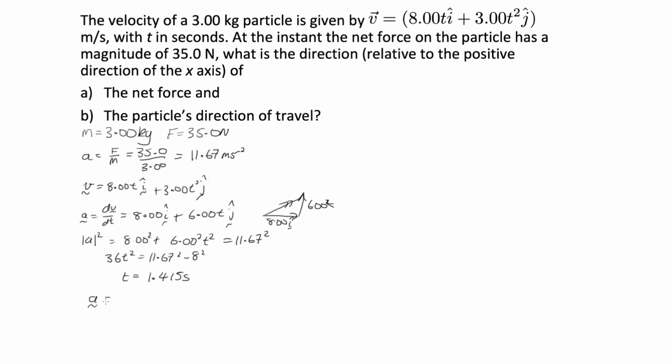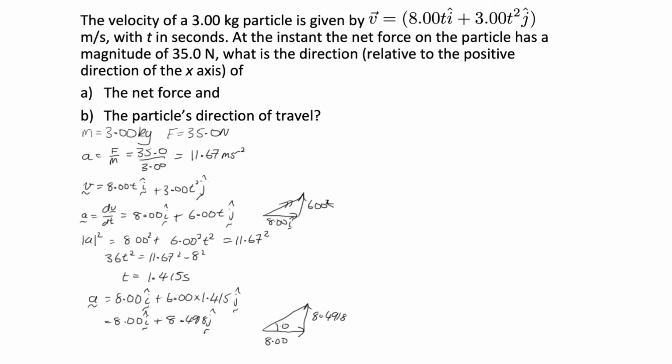Okay, so now we have t, and we can substitute it back into here. So now we've got a is equal to 8.00 i plus 6.00 times 1.415 j, which is equal to 8 i plus 8.4918 j. So now we can work out that angle. We've got 8 in the i direction and 8.4918 in the j direction.